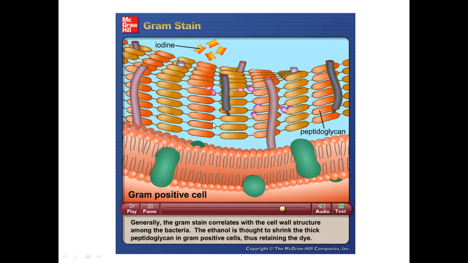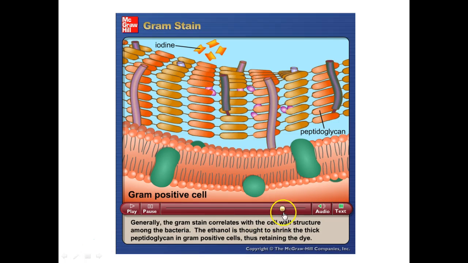The effect the ethanol has on those sugars is it shrinks them up, so those holes between the molecules get smaller. That essentially traps in the crystal violet iodine. Also, that complex is not very soluble, right? So it kind of crystallizes inside those cells, so it's harder to get it out.